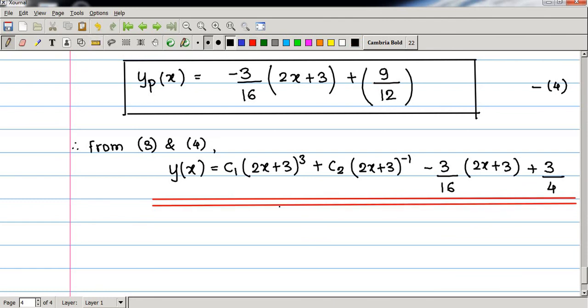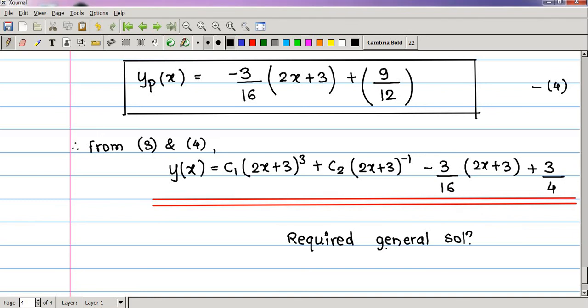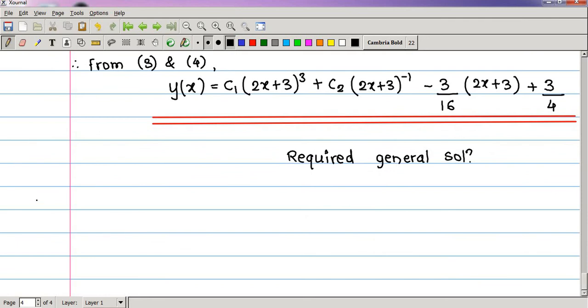So this is the required general solution. In this way we have solved Legendre's differential equation, and the sequence to solve any Legendre's differential equation is: step 1, substitute the variable coefficient of the form ax plus b is equal to e raised to z.